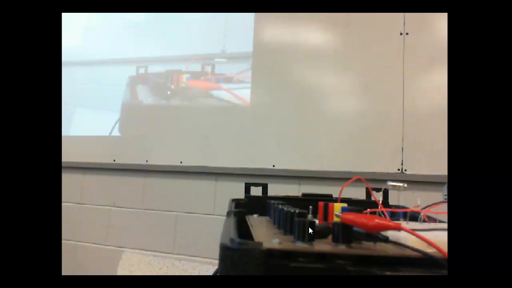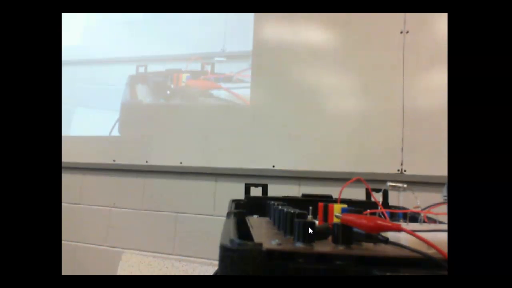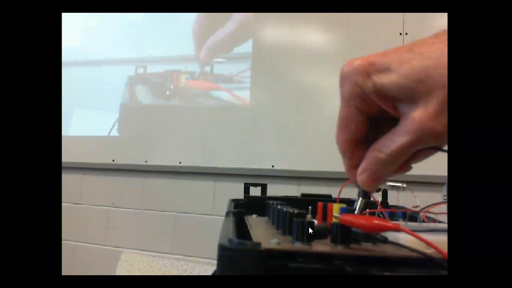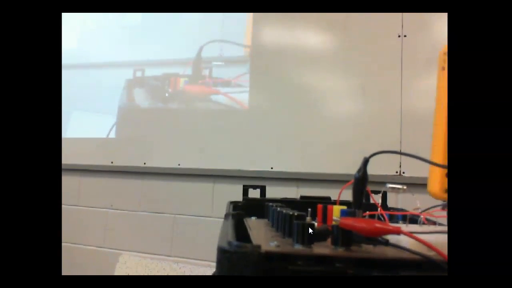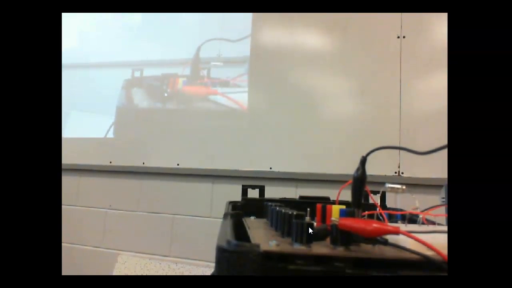Right now, when I measure with my meter, here's first common, turn it on. Let me raise this up so I can put my meter.